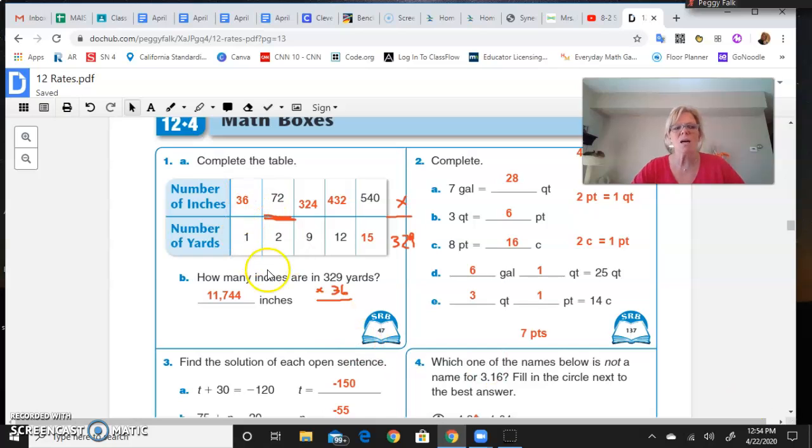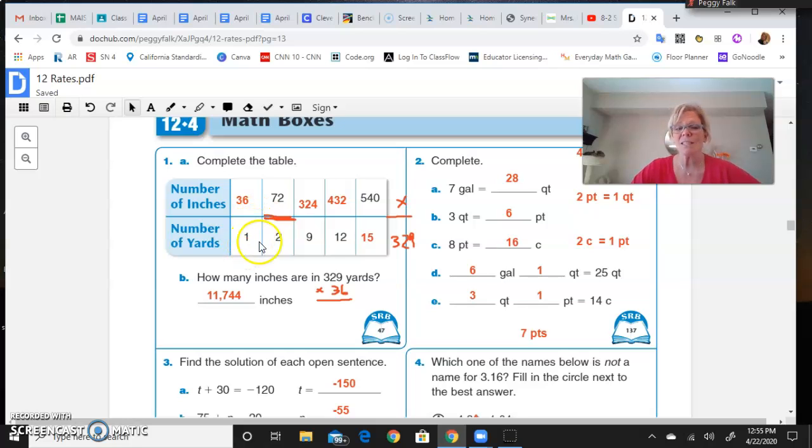Okay, so table number 1. Now this is what you need to know for this unit, chapter 12. Number of inches. We were given 72 inches in 2 yards. So to figure out the unit, 72 divided by 2, you would get 36 inches in 1 yard. And hopefully you already knew that.